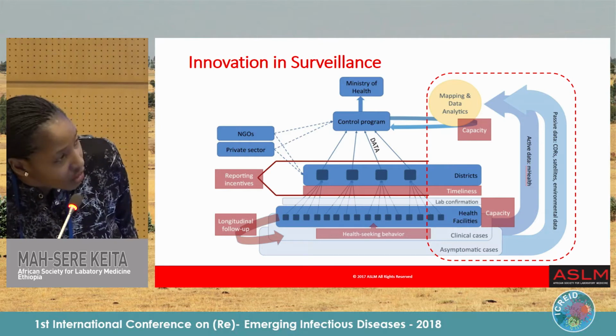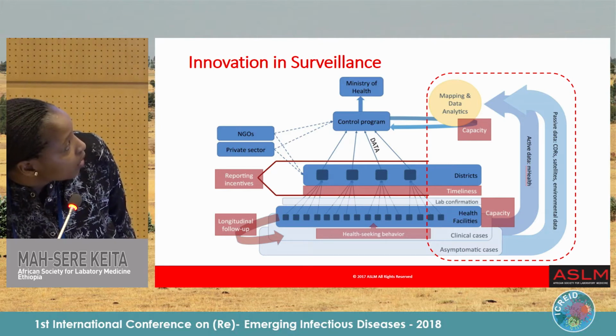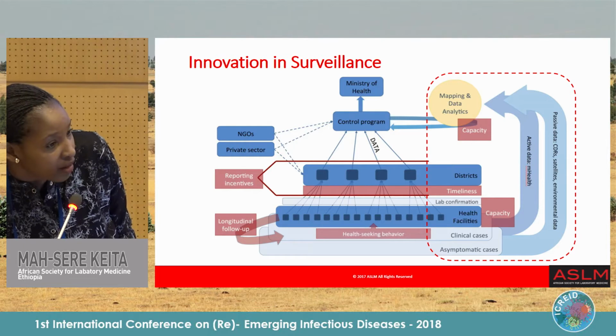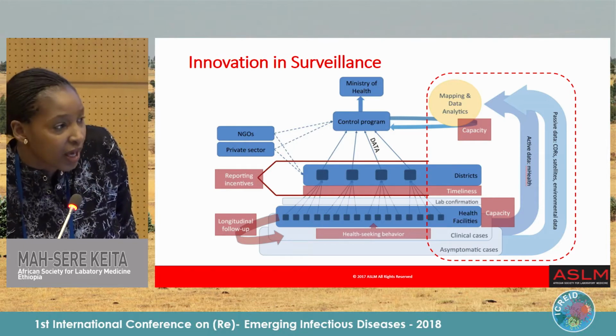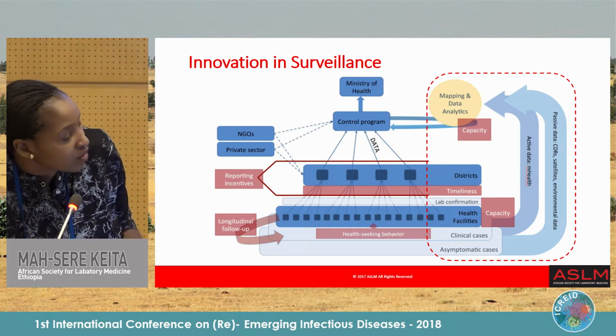And then from the district level, it flows over to the control program. And then from the control programs, it flows over to the Ministry of Health. It's the traditional way of doing surveillance.